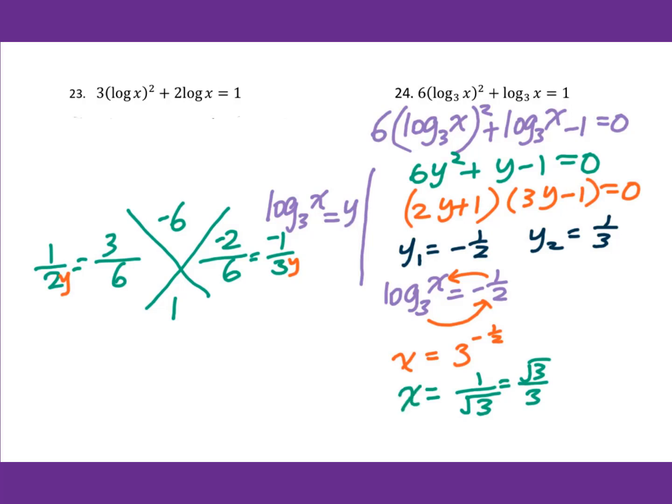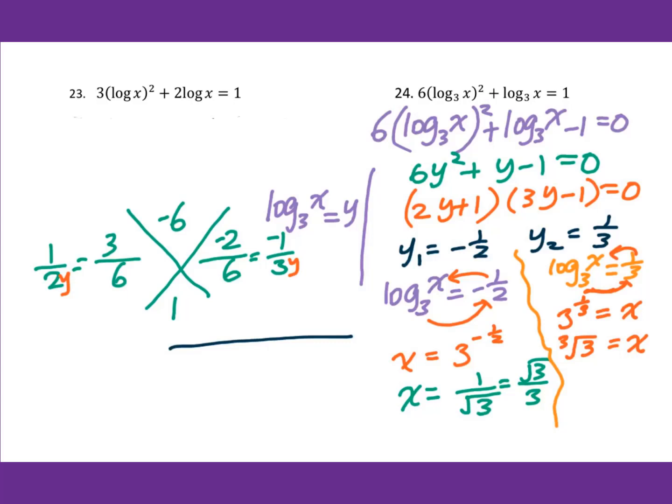That will be the x. Now we go to y2 equals 1 over 3. We got log base 3 of x equals 1 over 3. Change this into exponential form. We got 3 to the 1/3 power equals x. So x equals cubic root of 3.